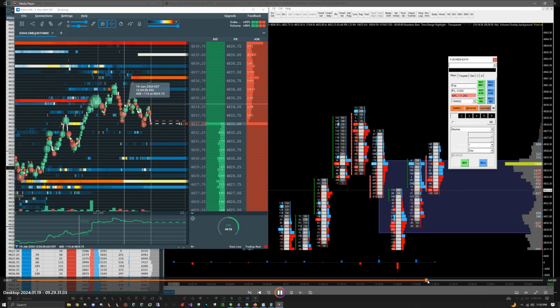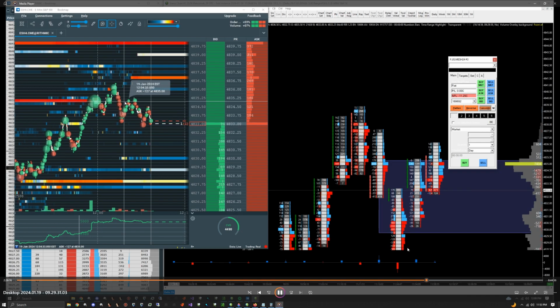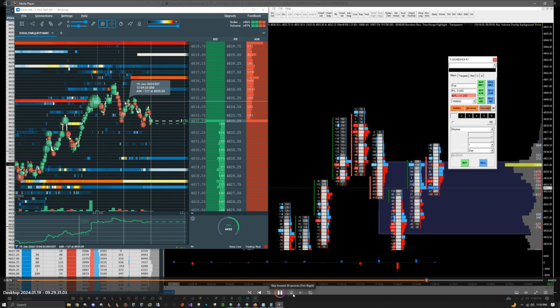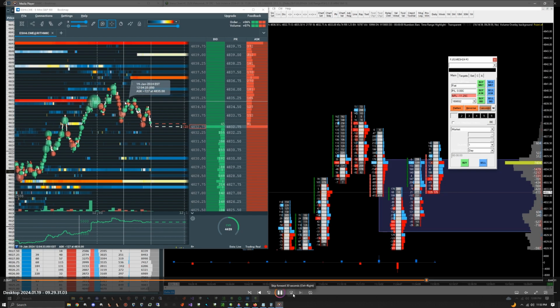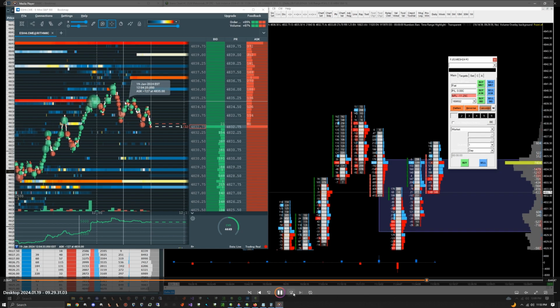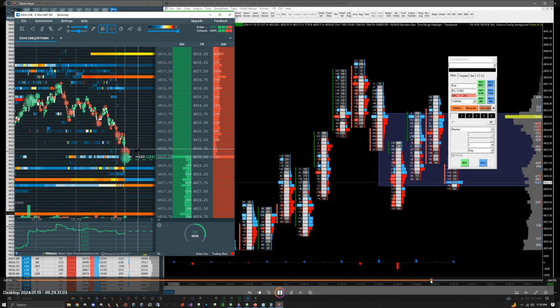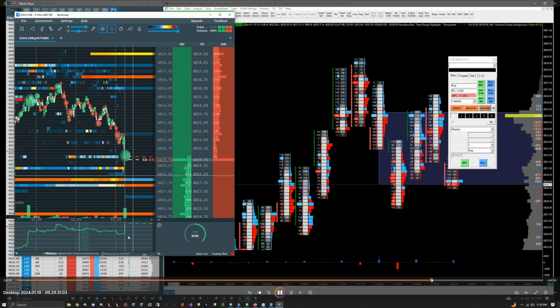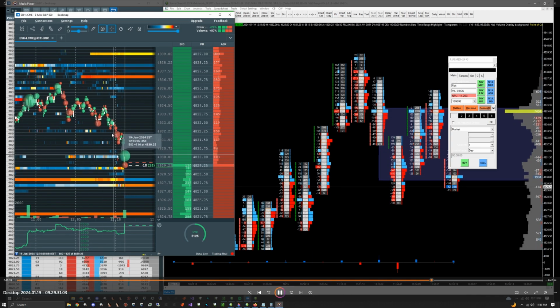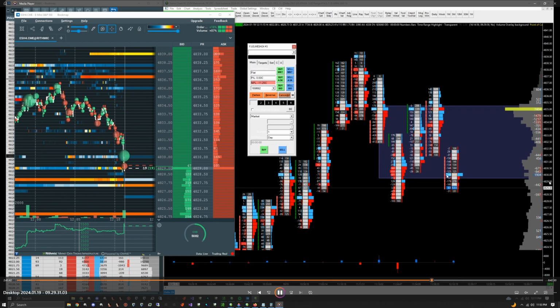Now look at this. What's about to happen right here? Look at that sweep. This right here made me go long bias immediately on this sweep, and how he just got into 2,100 more lots.